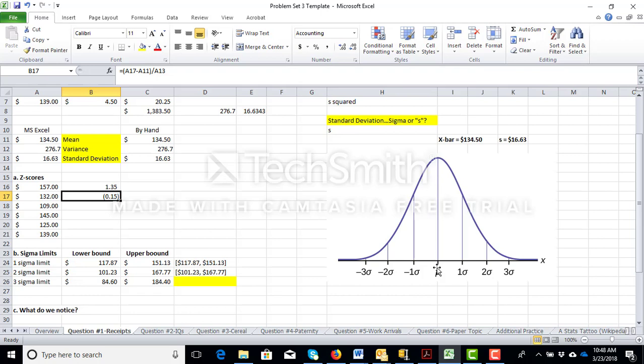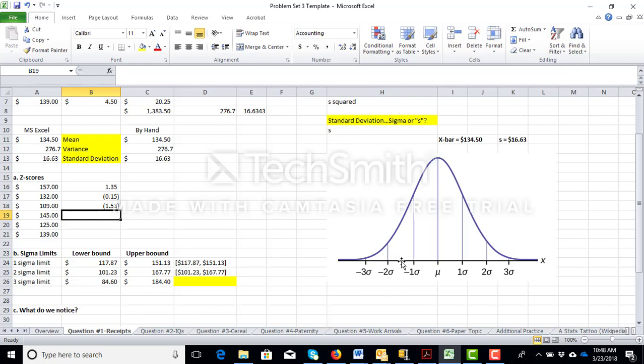Okay. Let's try a $109 receipt. It's equals, in parentheses, $109 receipt minus the average divided by the standard deviation. Again, this receipt, $109, is also below the mean, so we should expect a negative z value here. In this case, we get a negative z of 1.53.